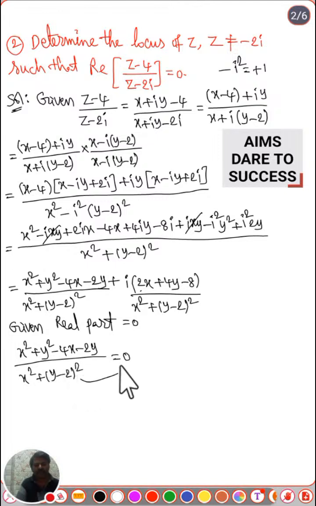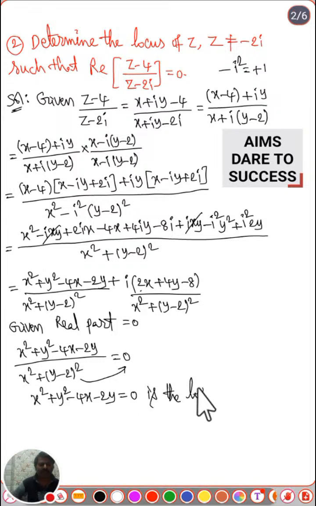Next, see, cross multiply: we get x square plus y square minus 4x minus 2y is equal to 0 into something, 0. So this is the equation of the circle. x square plus y square minus 4x minus 2y equals 0 is the locus of z.